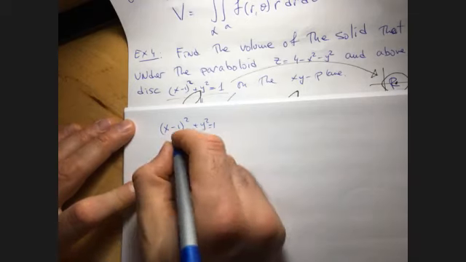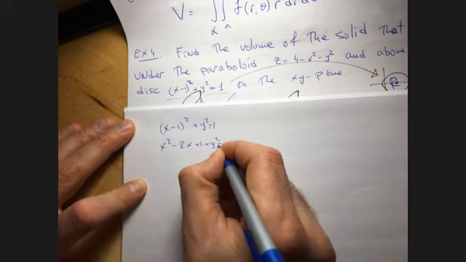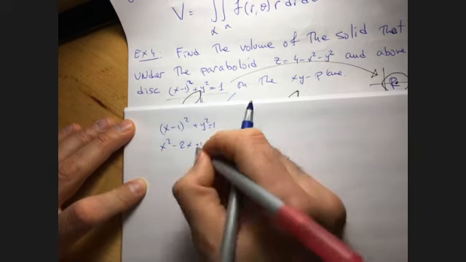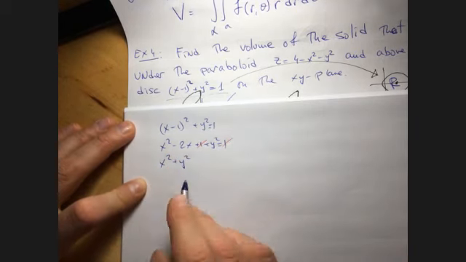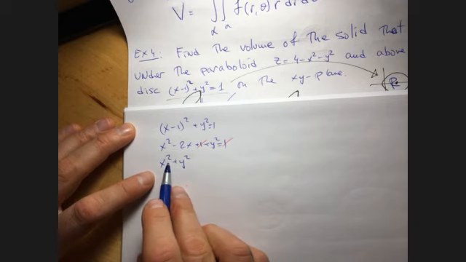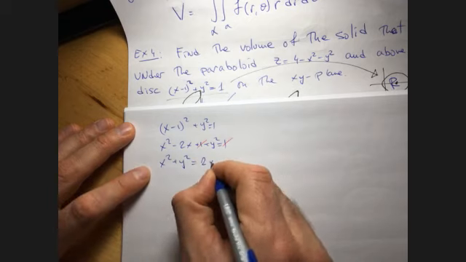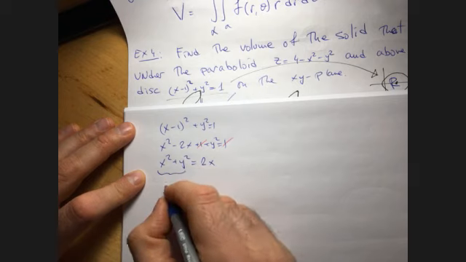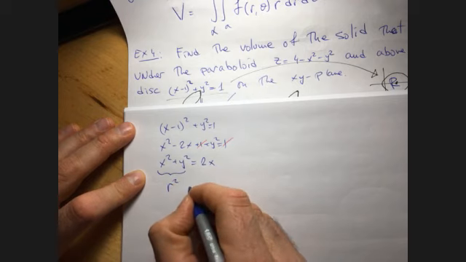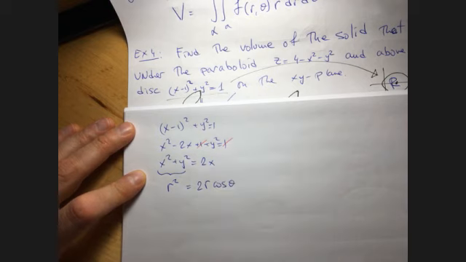Here, expand this: x squared minus 2x plus 1 plus y squared is equal to 1. These two are gone, and you have x squared plus y squared equal to 2x. We did this kind of manipulation, but the other way around, when we talked about polar coordinates. Well, now this thing in polar coordinates is just r squared, and this thing is 2r cosine theta.